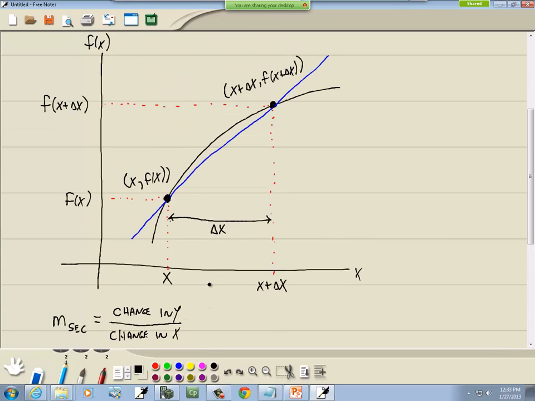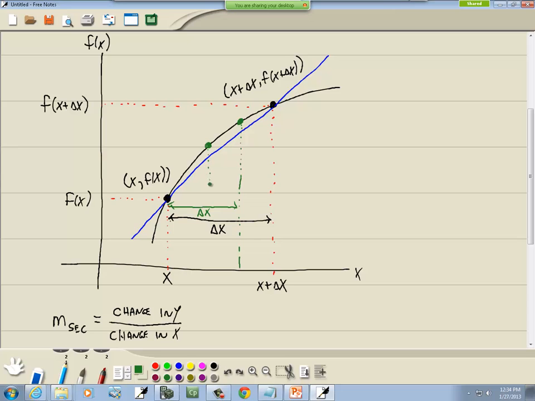Okay, now imagine this secant line. This point is going to remain stationary. This one I'll move closer down. I'll move it down to there, I'll move it down to here. And as I keep moving it, my delta x is going to look like this. So it's smaller, isn't it?